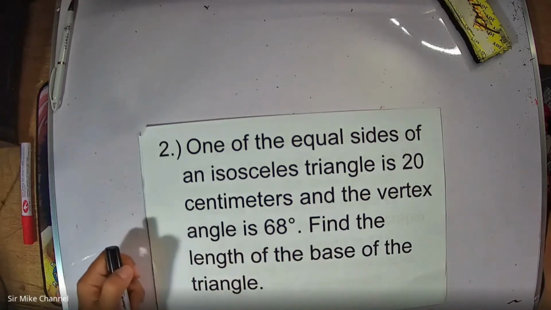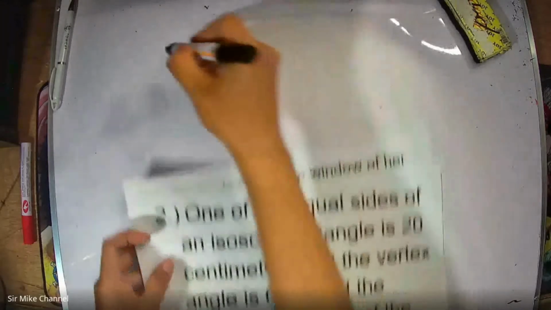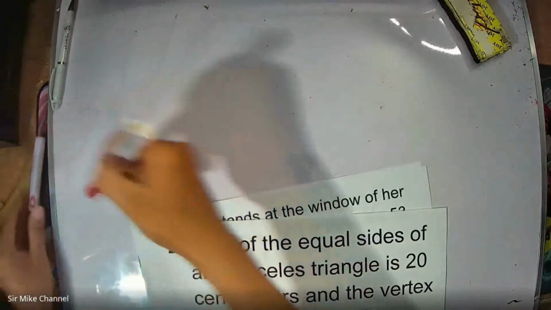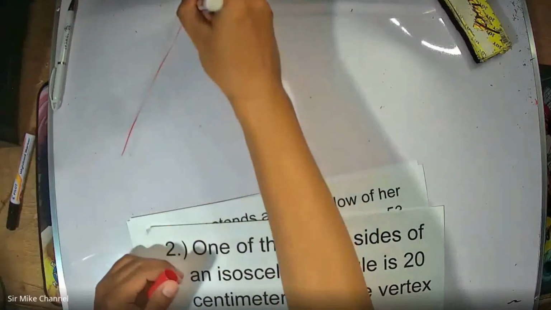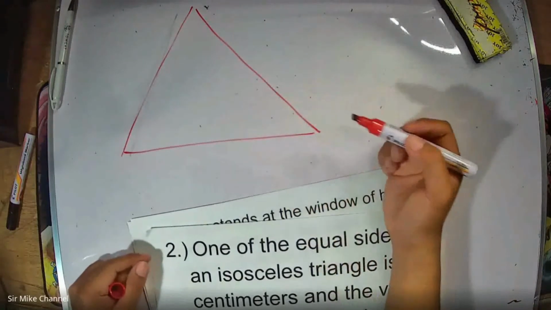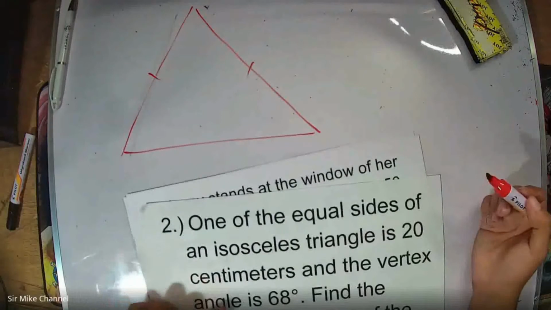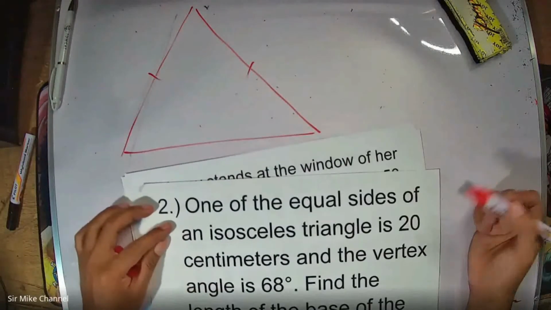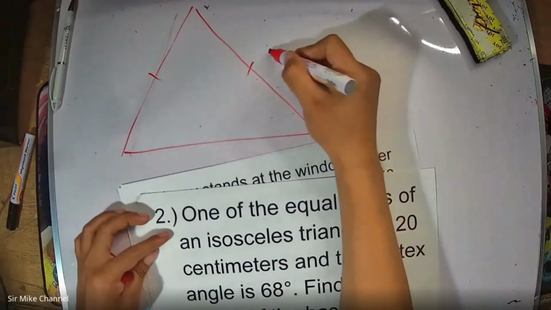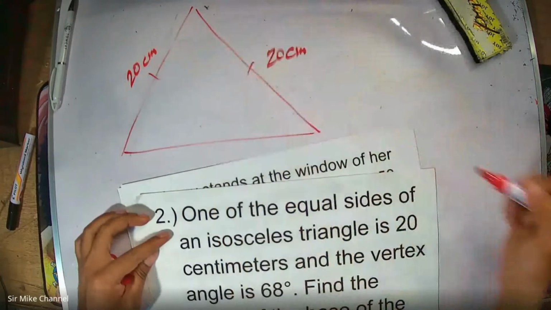Okay, so gagawa tayo ng isosceles triangle. Ito yung isosceles natin. So isosceles, di ba? Equal yan. And then, so one of the equal sides of the isosceles is 20. So ito ay 20 cm.